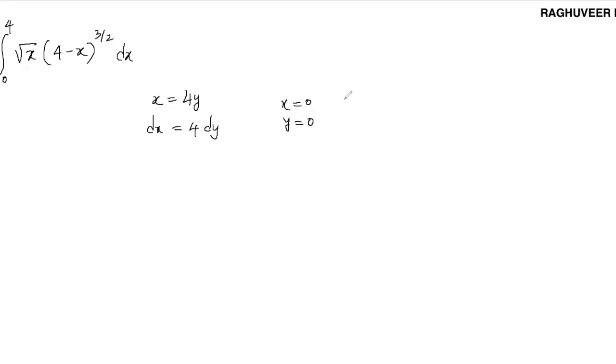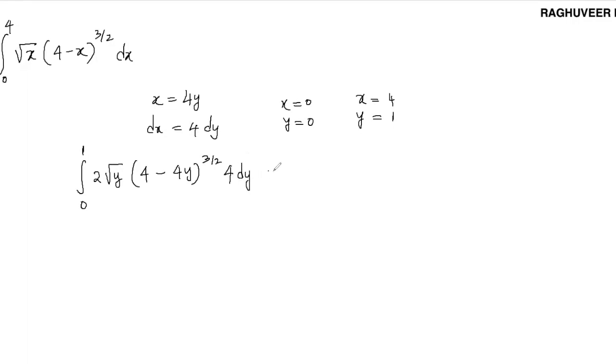Okay. For x as 4, y is 1. Okay. So this will be integral 0 to 1, this is 2 root y multiplied by 4 minus 4y to the power 3 by 2 into 4 dy.